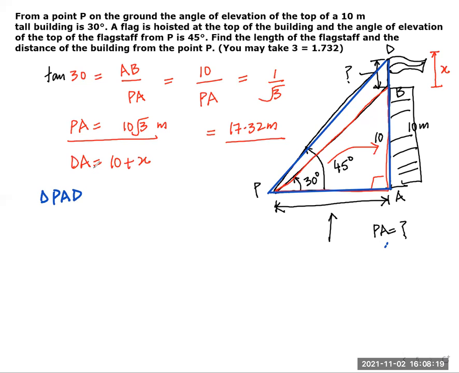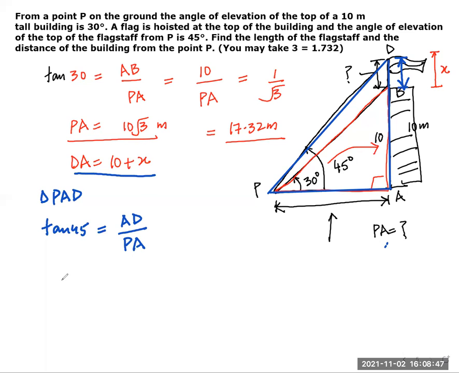We know AD, or DA, is 10 plus X. So we will use tan 45, which is AD divided by PA. From this we will easily get AD. When we get AD, you subtract 10 meters, and you will get the height of the flagstaff.